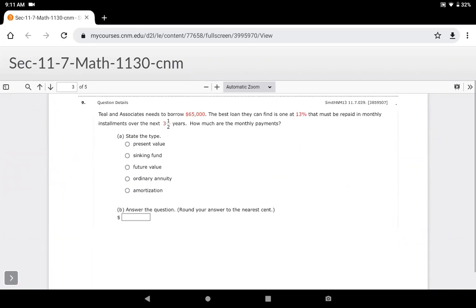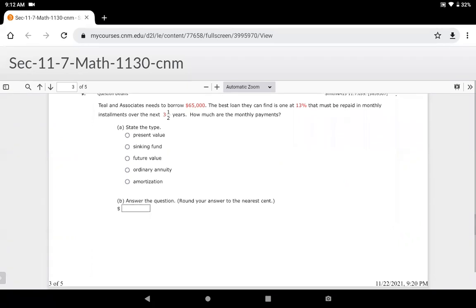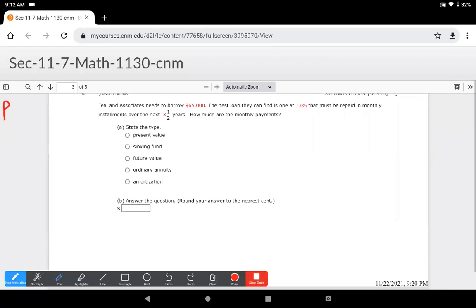Free 10 grand. Good. Number 9, Teal and Associates needs to borrow 65,000. That's generally like the purchase price, right? So let's try to collect our bits. I'm going to just try to stick to the side over here.